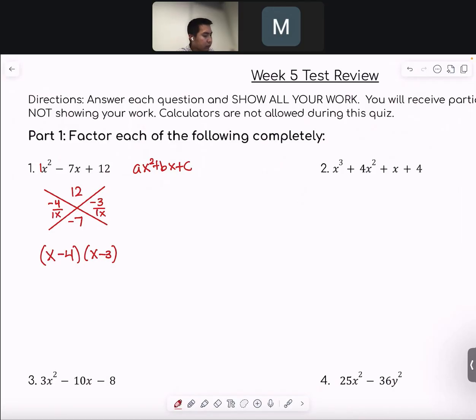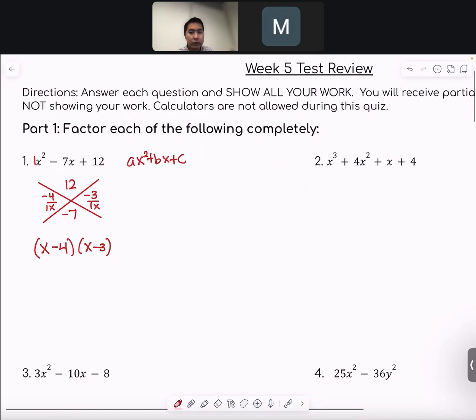Okay, number 2. For number 2, I notice that it's 4 terms, so I'm going to factor this by grouping. So for this one, we group the first 2, group the second 2. From the first 2, I could factor out an x squared from both of them. And from the second group, I can't factor out anything, so that means I'm forced to factor out a 1.